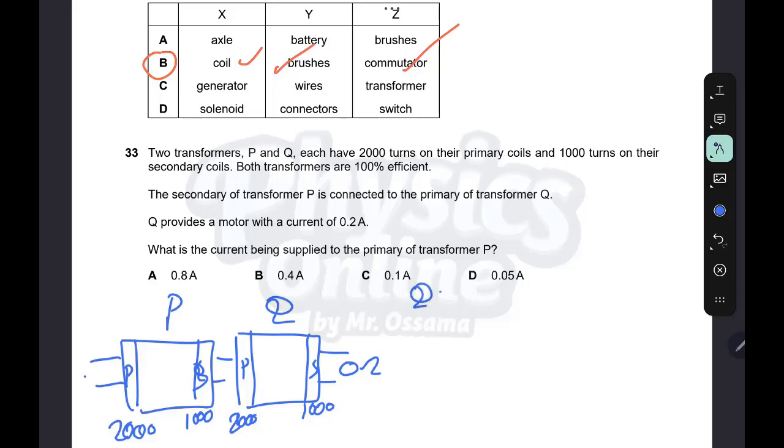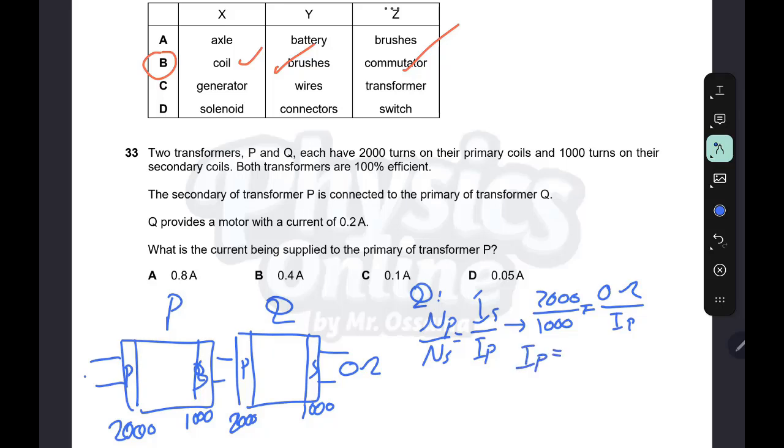For transformer Q, we write the equation: turns in primary over turns in secondary equals I of secondary over I of primary. 2000 over 1000 equals IS, which is 0.2, over IP, which we don't know. So IP equals 0.1.